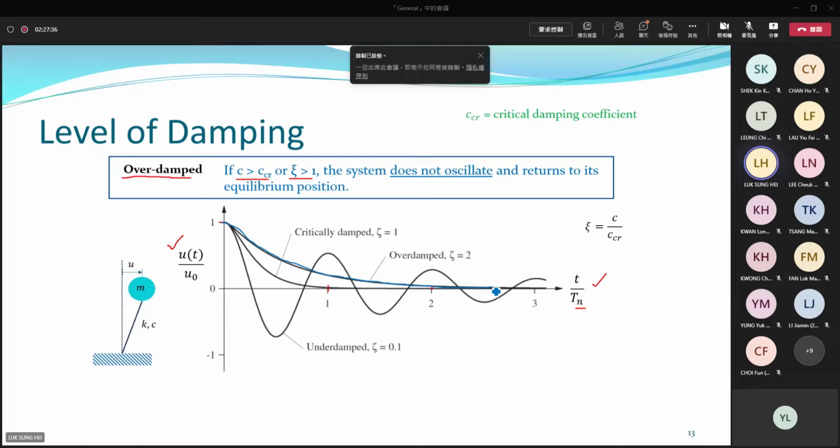And what we can observe from this graph, if we use the structure to denote the vibration mode here, is that actually there is no vibration. The system initially has a displacement, and then the displacement decreases gradually, and then it is at rest. This is what it means.